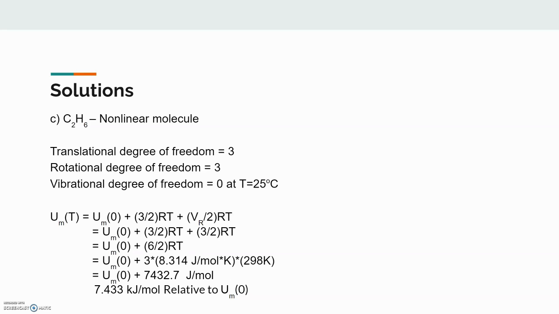Our molar internal energy is equal to the molar internal energy at T equal to 0 plus 6/2 RT, and that's equal to 7.433 kilojoules per mole relative to the molar internal energy at T equal to 0. I hope that was clear, and if you have any questions, please feel free to ask.